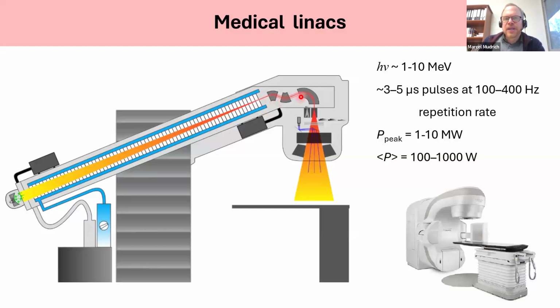Then the electrons are guided through magnetic fields and eventually hit a thin metal target, typically tungsten or molybdenum, where the X-ray radiation is produced, and this radiation then irradiates the patient for cancer therapy.